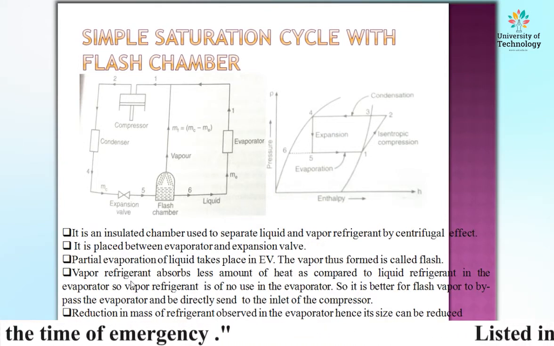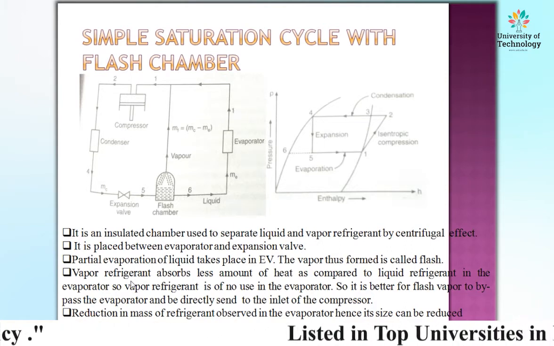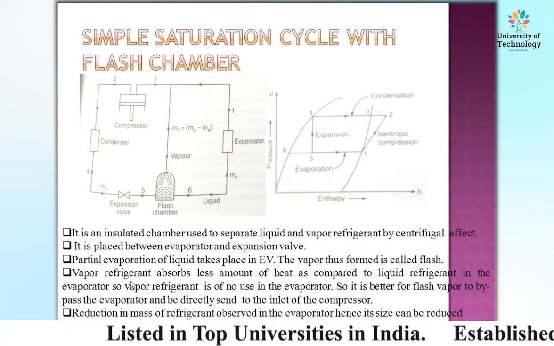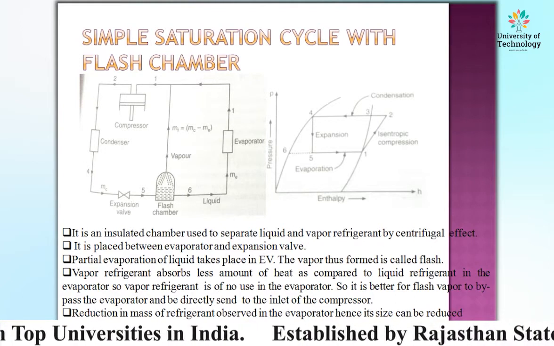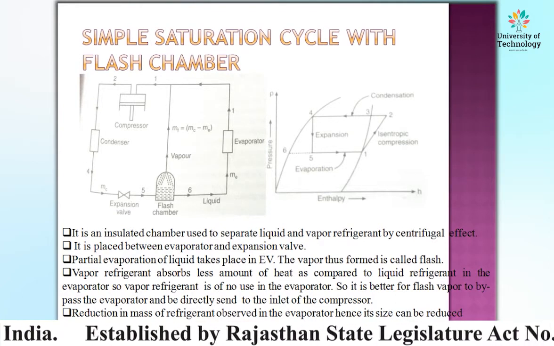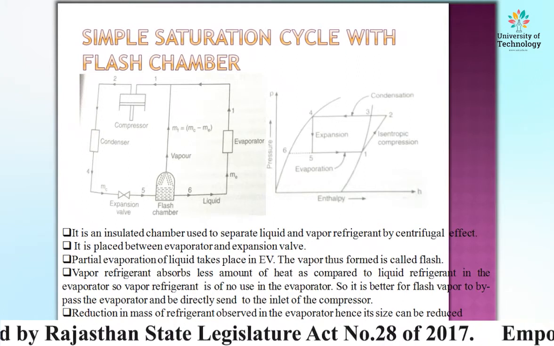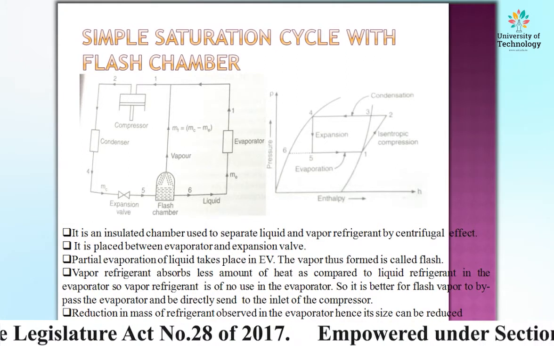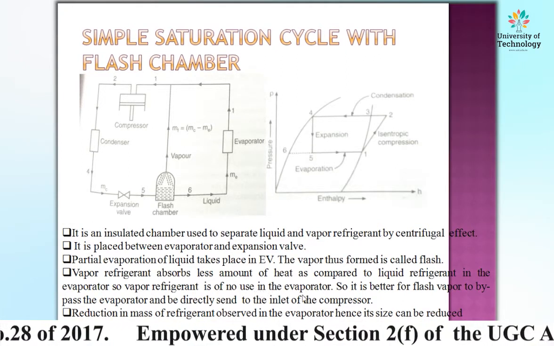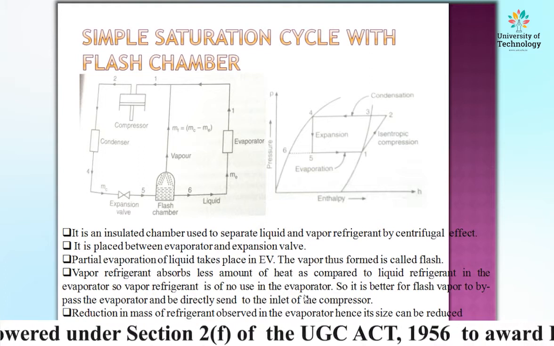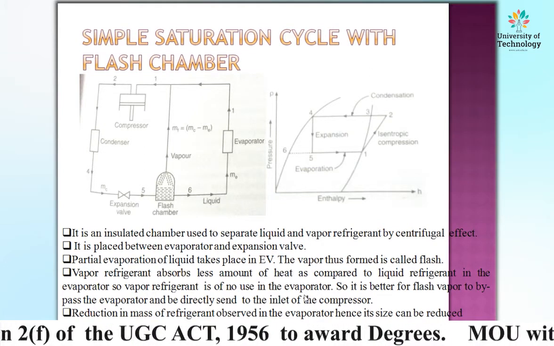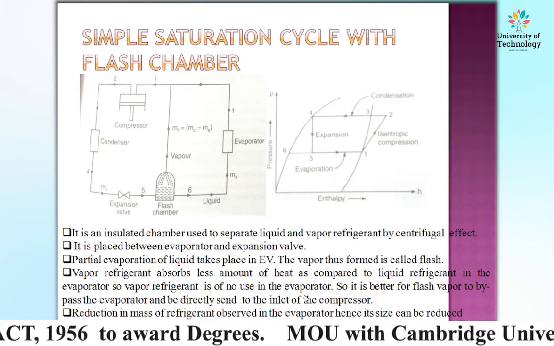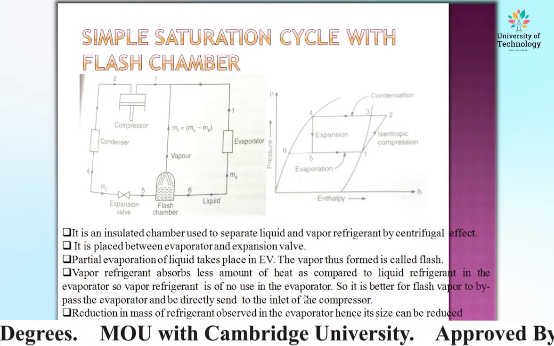The partial evaporation of liquid takes place in the expansion valve. The vapor thus formed is called flash. Vapor absorbs less amount of heat as compared to the liquid refrigerant in the evaporator. So vapor refrigerant is of no use in the evaporator.